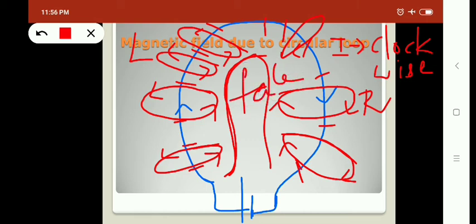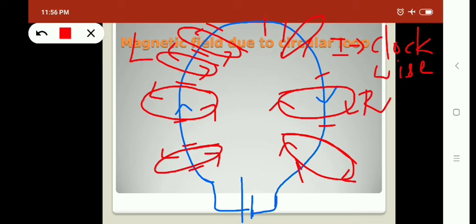So if we consider the face of the coil, what is the direction of the magnetic field lines in the face of the coil on the left side? It is entering into the screen. Here also it is entering into the screen. On this region it is into the screen, on this region it is into the screen. So everywhere on the left side the magnetic field is entering into the screen.